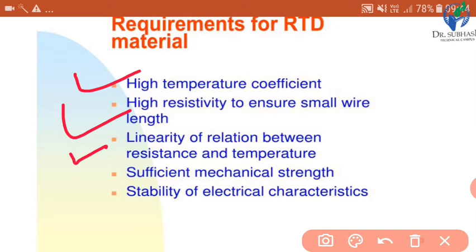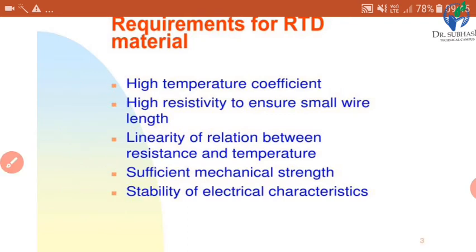Then sufficient mechanical strength, because it is used in an industrial environment. Then stability of electrical characteristics. These are the requirements for RTD material.